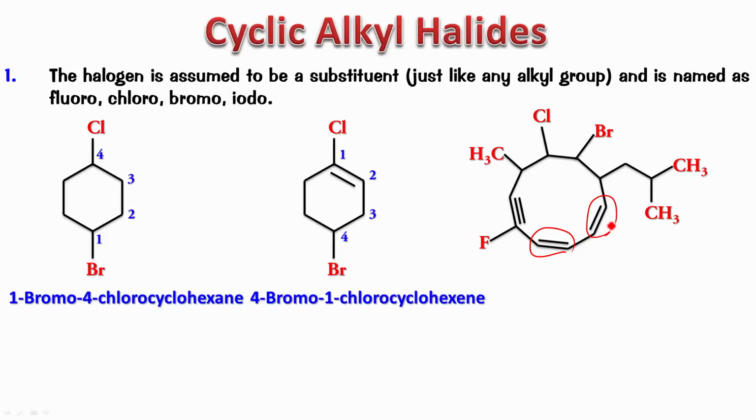So what choice do I have? Well, try to give this 1, 2. The moment this is 1, this is automatically 2. This is 3, this is 4. But then you can imagine where this is going to come. It's going to come 5, 6, 7, 8, 9. So I'm getting 1, 3, 9.